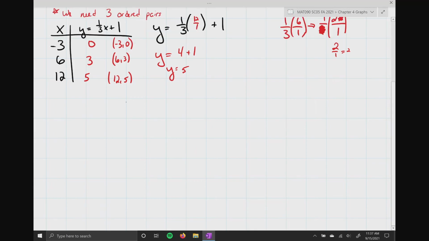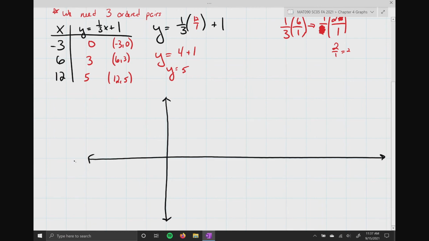So I'm going to go ahead and just draw my rectangular coordinate grid. I'm going to plot these points, and hopefully they all follow some sort of straight line pattern. So the first one is -3, 0. So that's going to be right here.